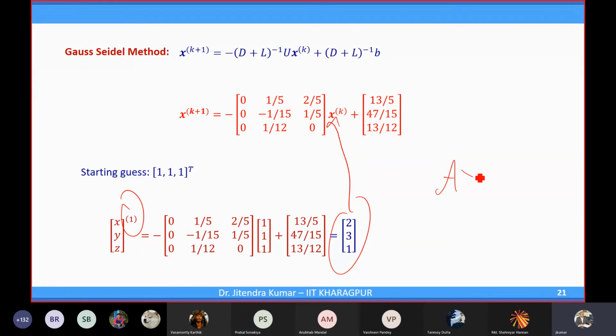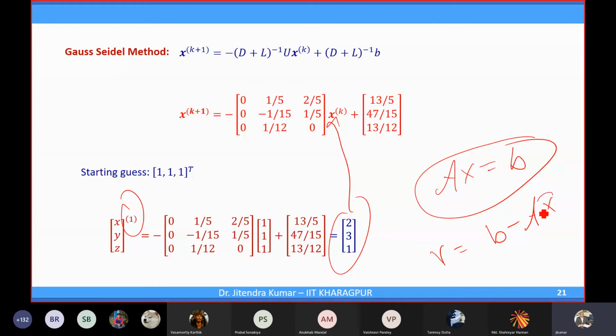The best way is this: because you know Ax is equal to B, that system of equations you know. So as I said, you get the residual, B minus Ax. Compute this, whatever is your most recent value of x, put it there, B minus Ax. So you compute this residual vector, and then the norm of this vector will give you an idea of how large this vector is.